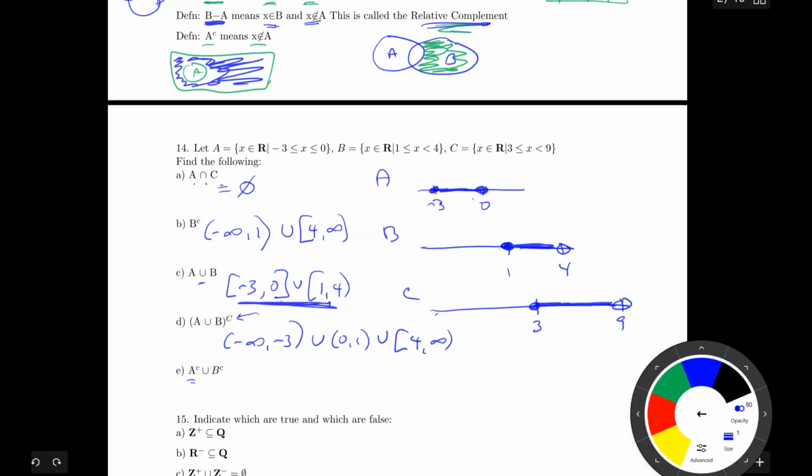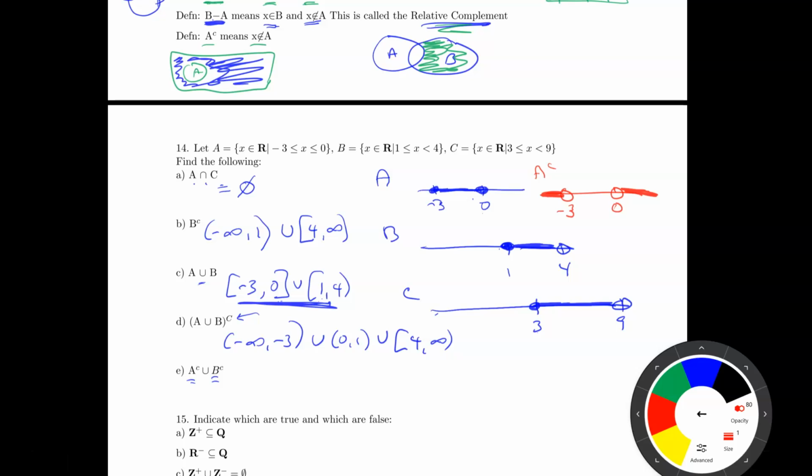Okay, A complement and B complement. Okay, so let's write down what A complement would be. A complement would be everything up to -3, and then anything after 0. That would be A complement, right? Then let's look at B complement.